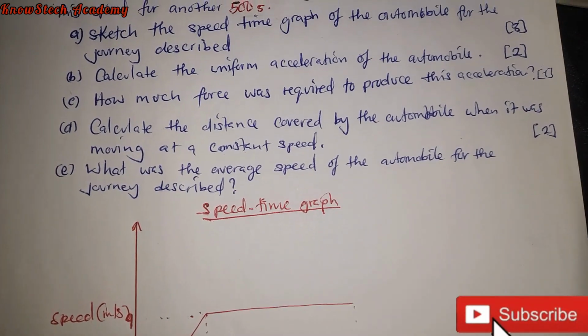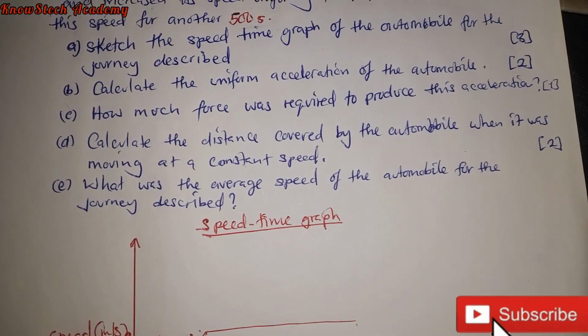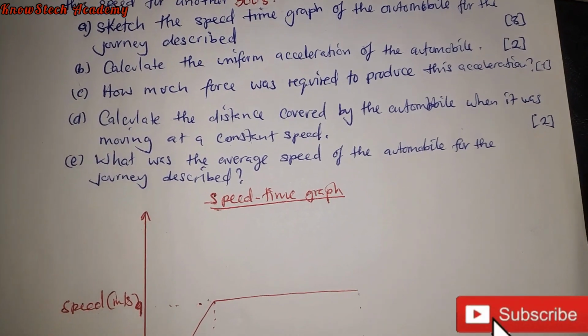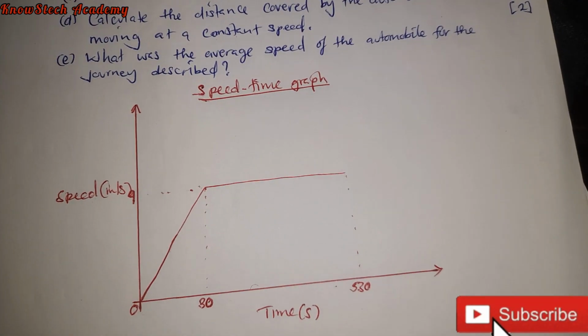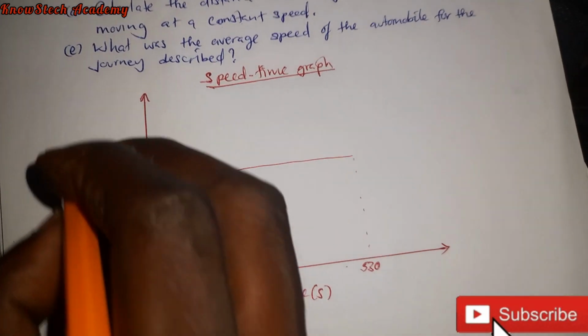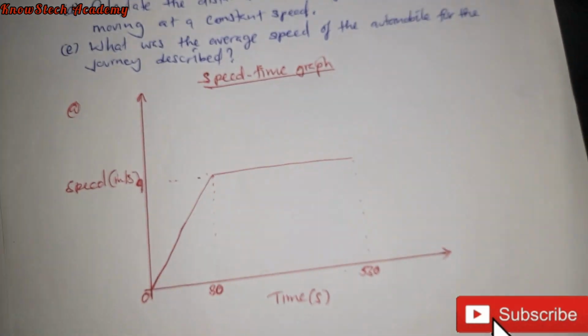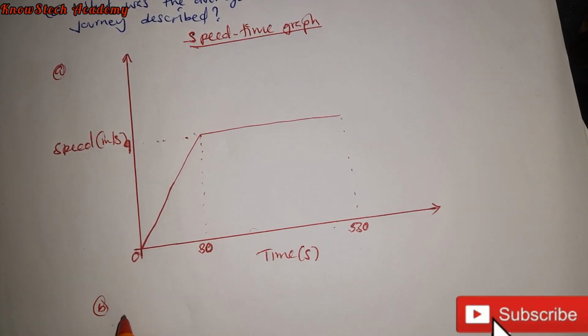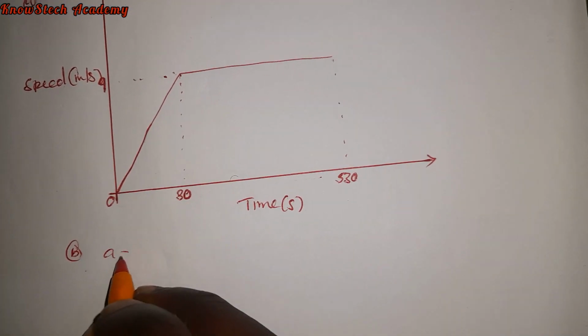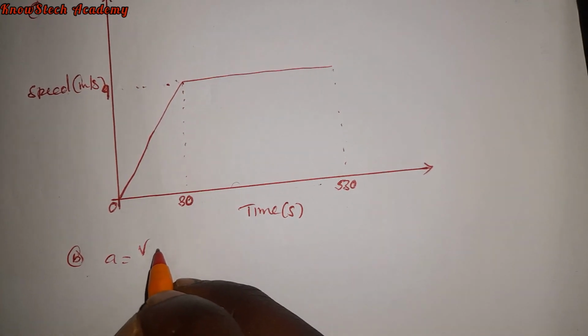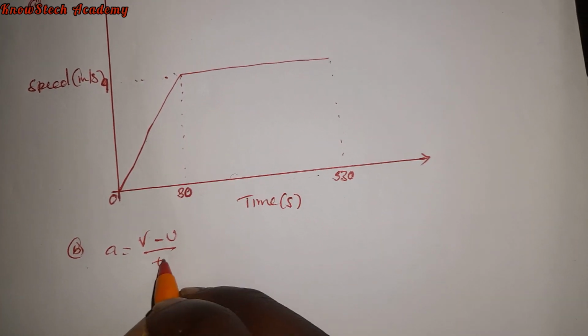The next question is: calculate the uniform acceleration of the automobile, which is 2 marks. So this is question A, and this is question B. Acceleration is equal to final velocity minus initial velocity over time taken.